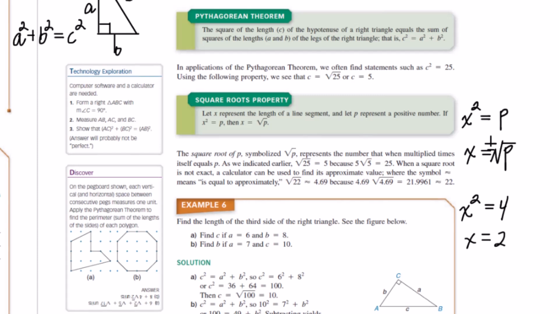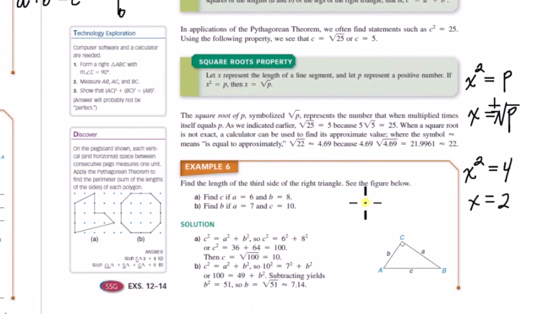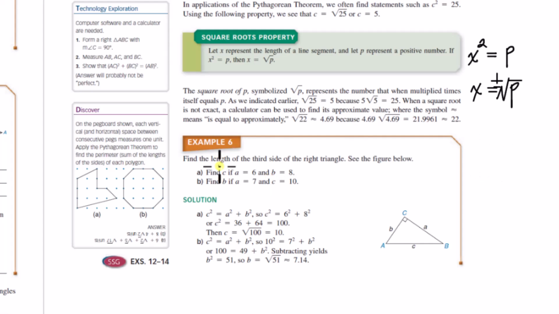So, okay, if we look at this example here, it says find the length of the third side of the right triangle. Find C if A is equal to 6 and B is equal to 8. So you've got A squared plus B squared is equal to C squared. So 6 squared is 36, 8 squared is 64, is equal to C squared. 36 plus 64 is equal to 100.